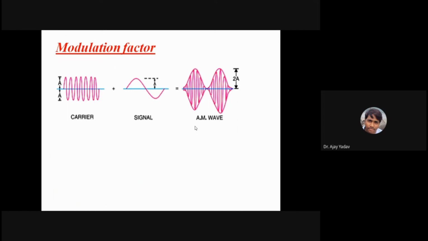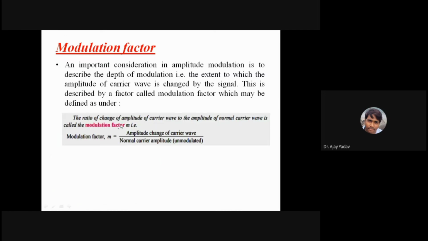So how is it calculated? The modulation factor or modulation index is equal to the amplitude change of the carrier signal divided by the unmodulated carrier wave signal amplitude.